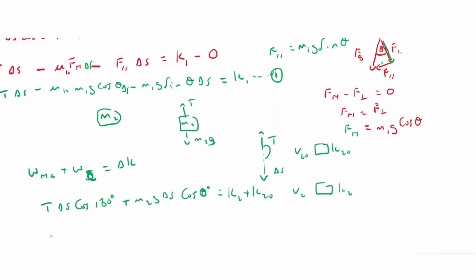So let me simplify everything. This becomes minus TS and then plus M2gS, and then this is just going to be K2, because this becomes 0, so I don't have to include it. This becomes 0 because this value here is 0 meters per second.